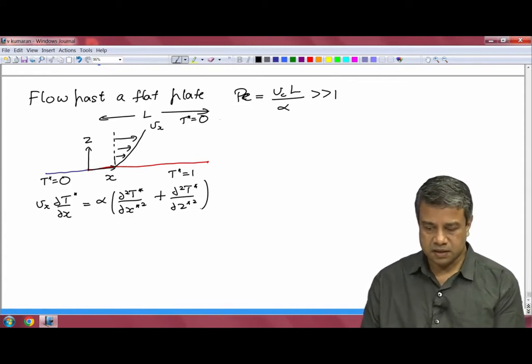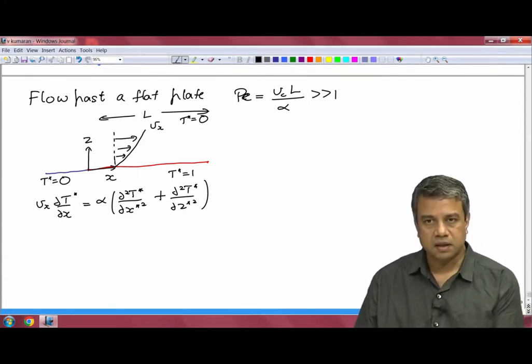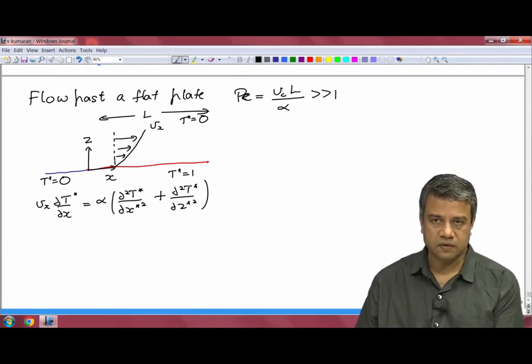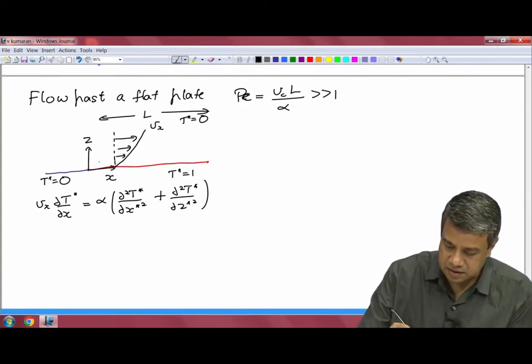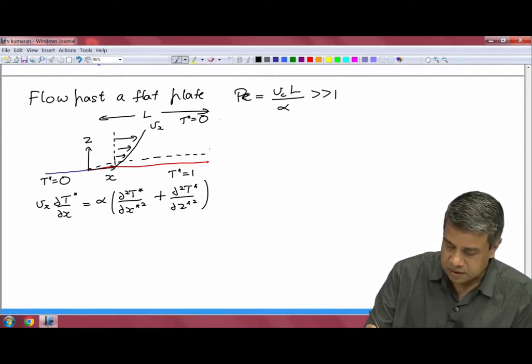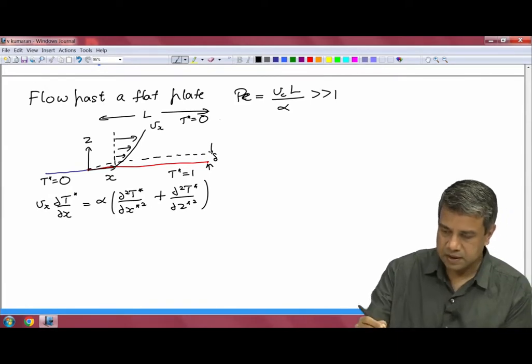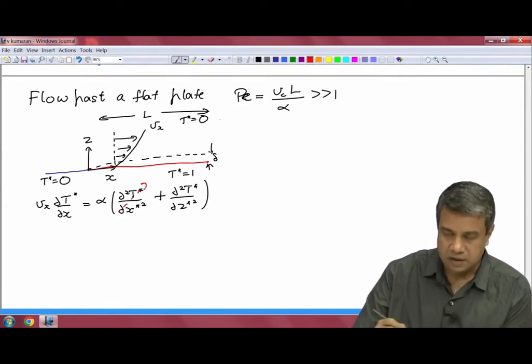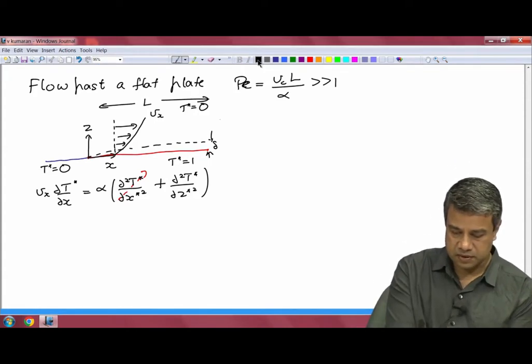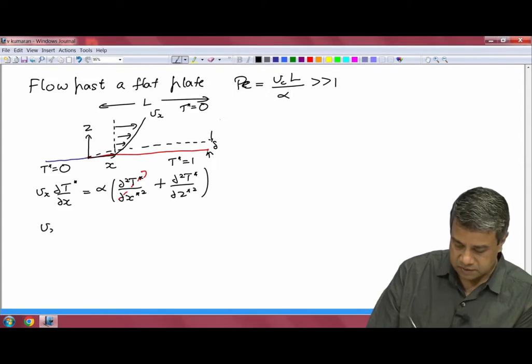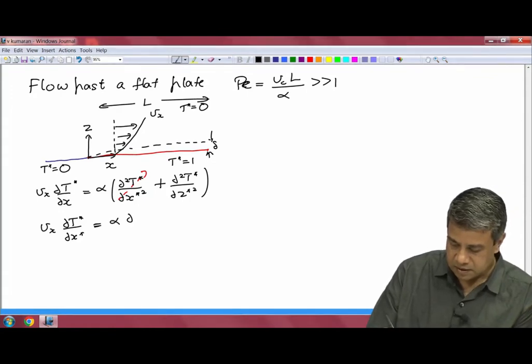And in this streamwise convection diffusion equation, under the assumption that the thickness of the region in which the heating from the surface affects the temperature field in the fluid is small compared to the length of the plate, we had neglected streamwise diffusion in comparison to cross stream diffusion, and the convection diffusion equation was V x partial T by partial x is equal to alpha times the second derivative of T with respect to z square.